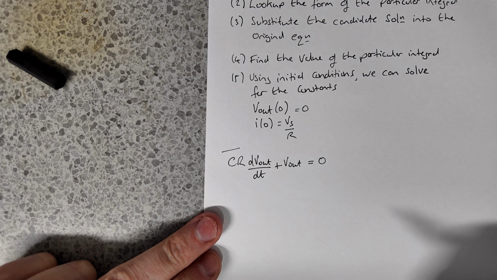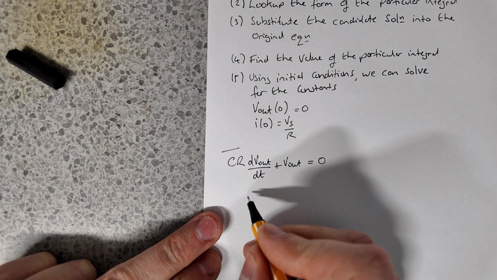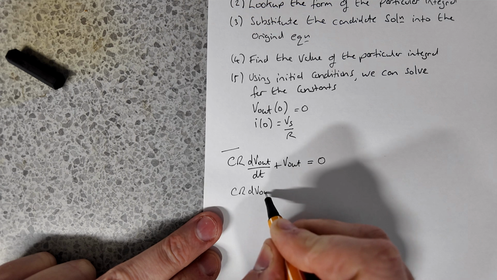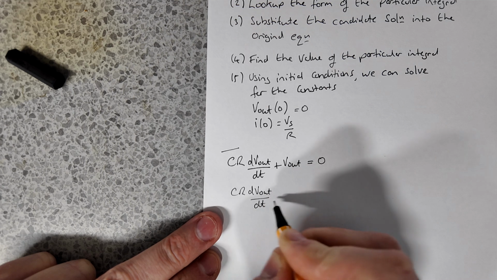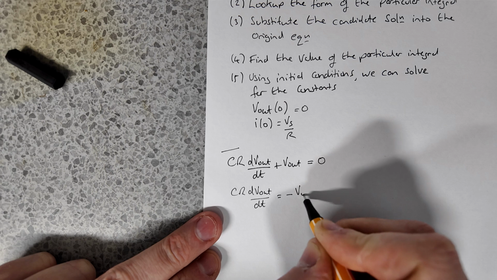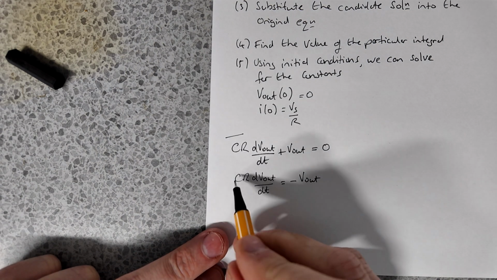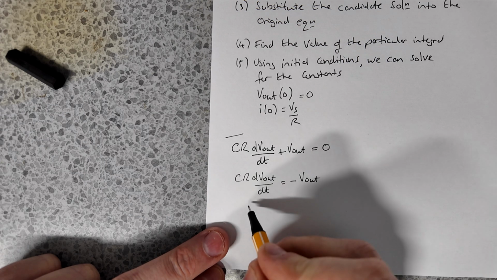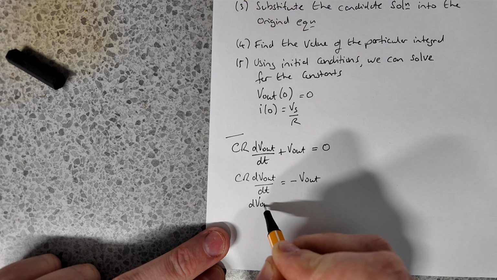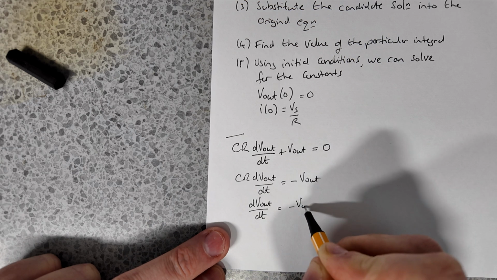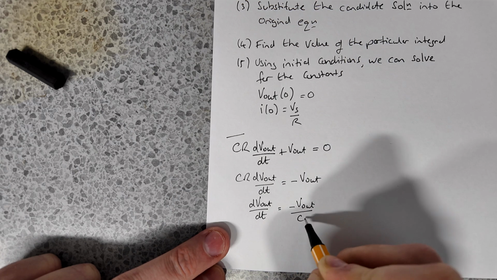How are we going to do that? Well, we're just going to rearrange it slightly. We're going to write it as CR dV out by dt is minus V out. Then we're going to divide through by CR. So we're going to have dV out by dt equals minus V out over CR.